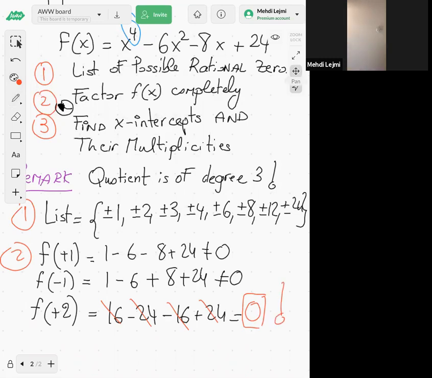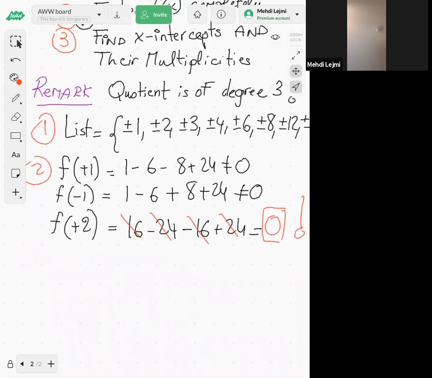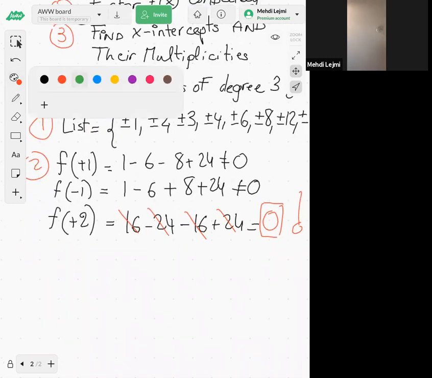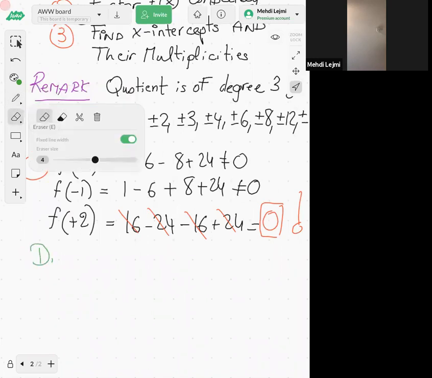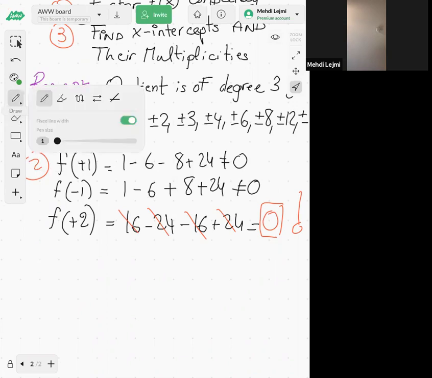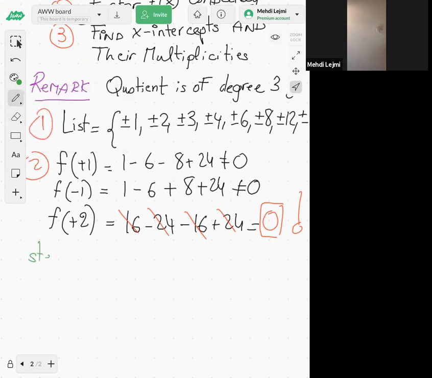So now step 2, we have to divide f of x by our solution, so my x minus 2.